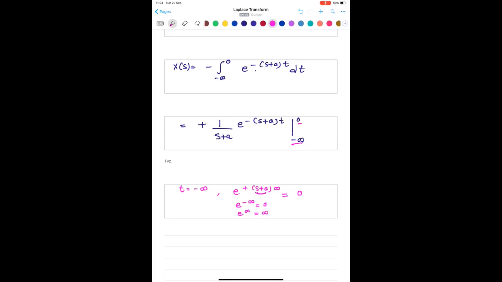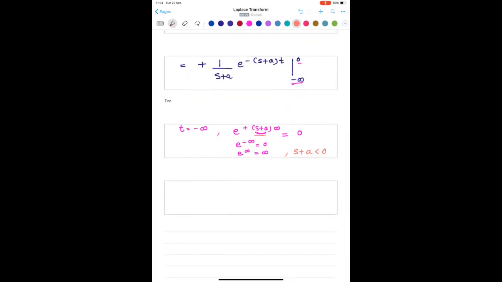So in order to make sure that this part is negative, we must say that s plus a must be less than 0, then it will converge. So now for x of s we have the condition s plus a less than 0.